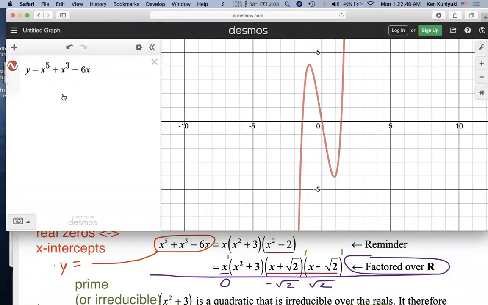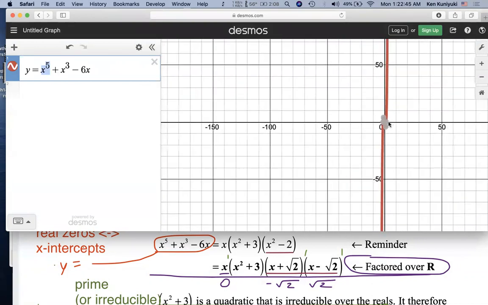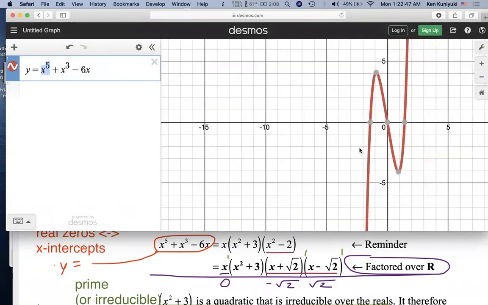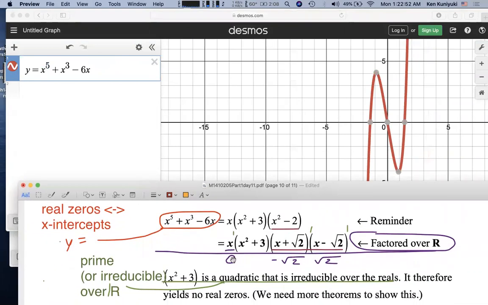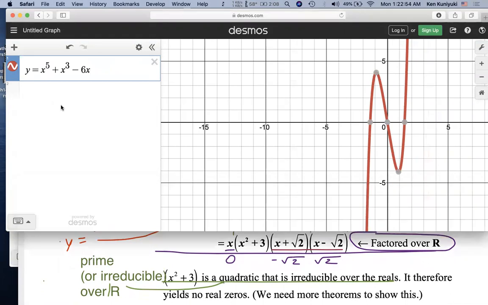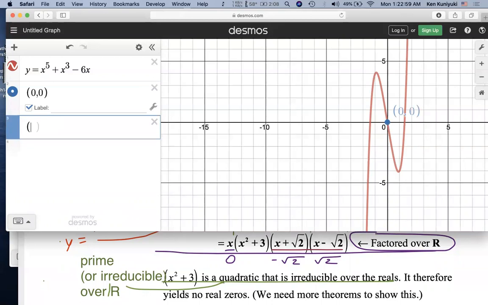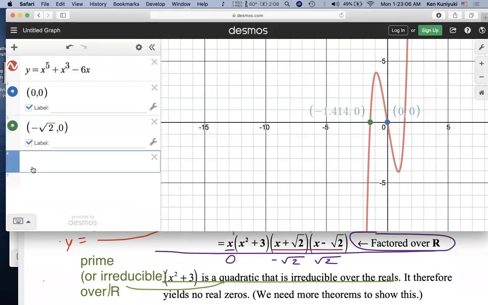Okay. Because the leading term is x to the fifth, we have a rising snake in the long run. And because the factorization looks like this, again, we have x-intercepts at (0, 0), at (negative square root of 2, 0), which is about negative 1.4, and (positive square root of 2, 0).